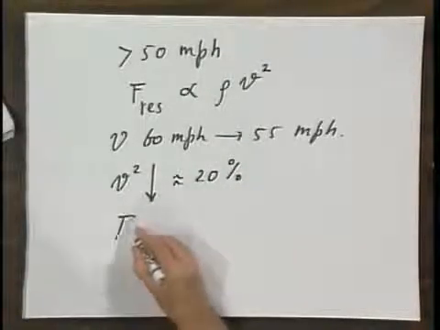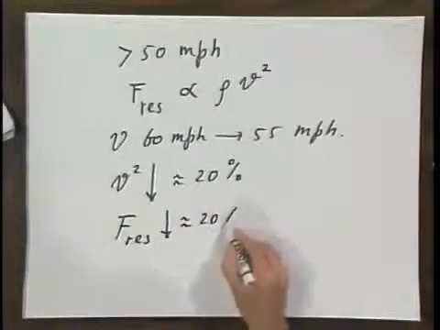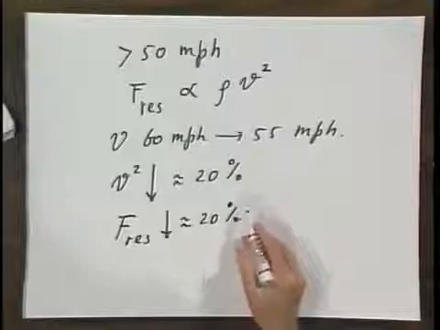So that means that the resistive force goes down by approximately 20%. So the force that the engine has to generate to overcome this resistive force is also down by about 20%. Work is force times distance. So you can see that the work that has to be done by the engine is therefore 20% less. And so you save 20% fuel.